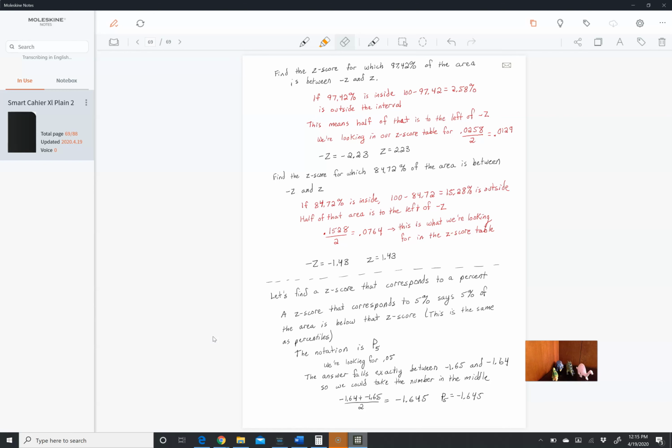Now, if there's one that's closer, then take the one that's closer. But if it's exactly in the middle, then take the average. And I'll write that again. If the area is closer to a certain z-score, take that one.